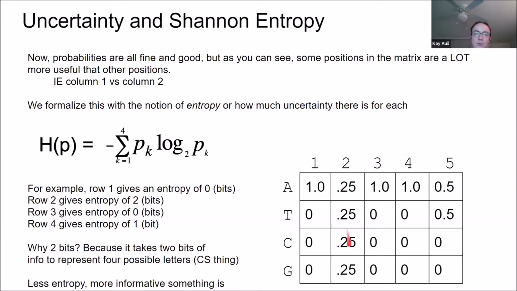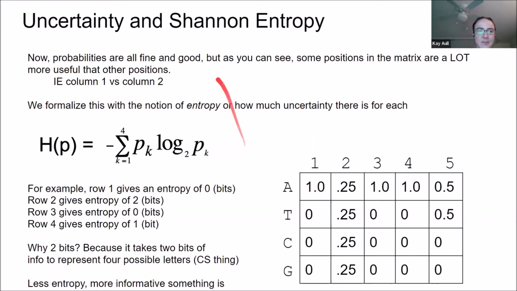Whereas if you saw whatever in the second position, it would tell you nothing, because anything can go there, it's fine. And this is obvious in a toy example, but if you're going to do this at scale, you need to formalize it. And so we have this notion of entropy, or how informative or how surprising it is.